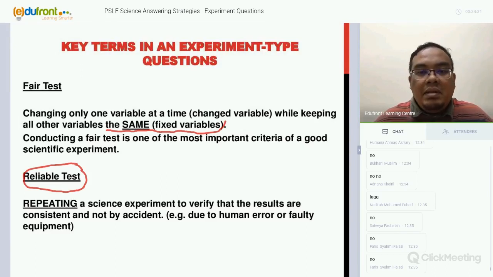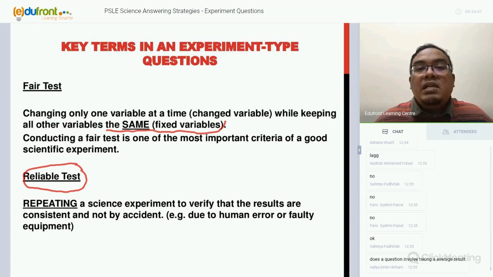So I hope you get what I mean. When you repeat the experiment to ensure the results are reliable, it's not necessarily that you take the average results only. Sometimes you need to discard some of the results and redo the entire experiment and take a fresh new reading.